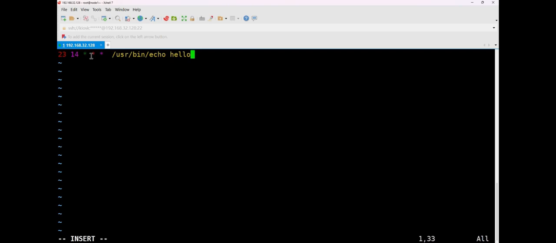This is one change. Another change is, for example, a specific time each week. And for week, it's the 5th position. The range for weeks is actually a bit different from before, so pay attention. For the first 3 or 4, everyone knows the range, right? Minutes are from 0 to 59, hours are 0 to 23. Days are from 1 to 31, months are from 1 to 12, right? That's common knowledge.